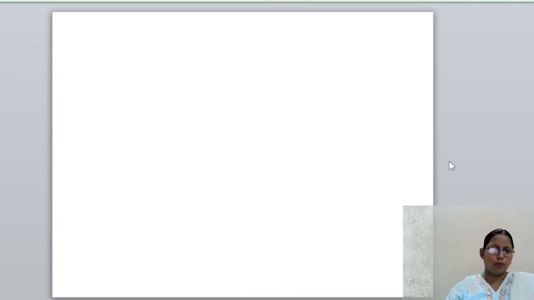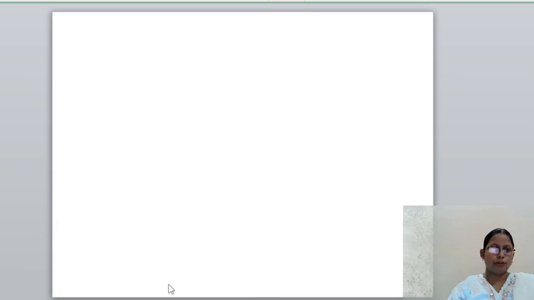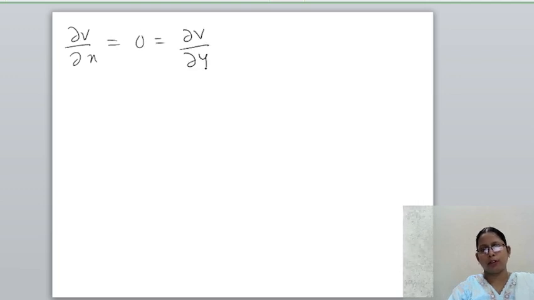And v is 0. So the partial derivatives of v with respect to x and y are 0, since v is constant. So del v by del x is equal to 0, and it is equal to del v by del y.